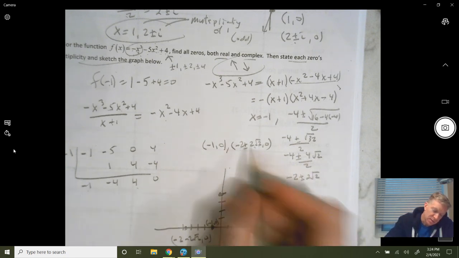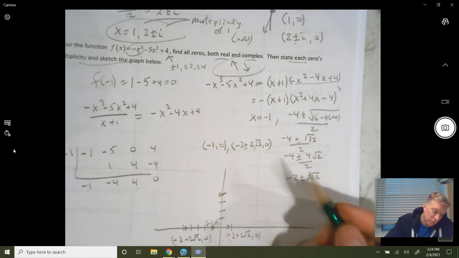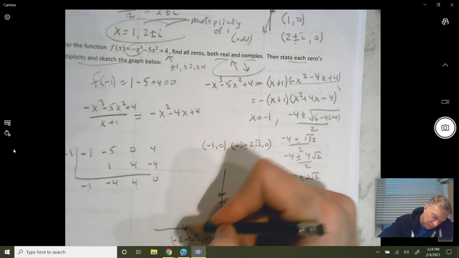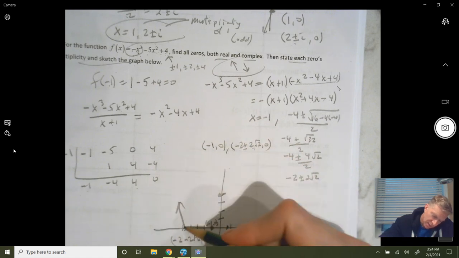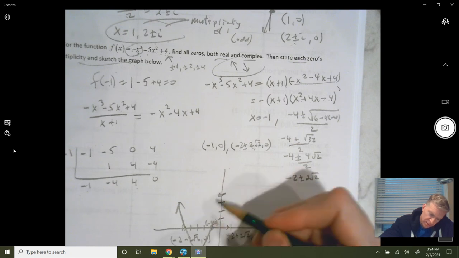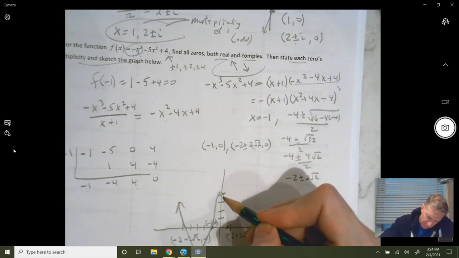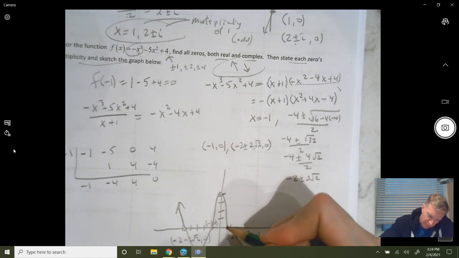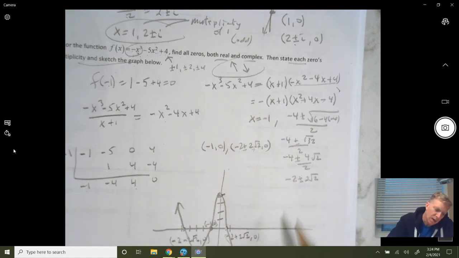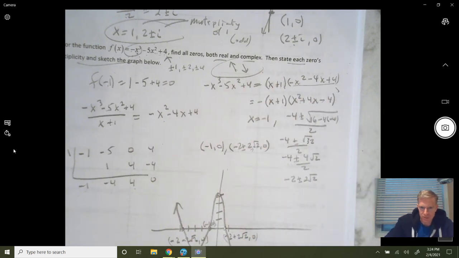Okay. These are all multiplicity of 1, so we're passing through for each one. After I go through this one, I go down, I go up through here. I don't know where I'm going to hit that, maybe on the way down, and then I'm going to go down this way. Okay, up to the left, down to the right, and I'm passing through these 3 points.